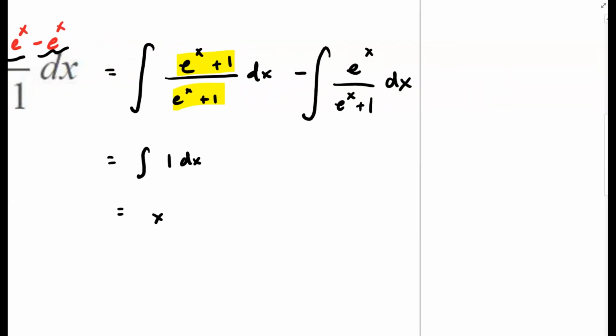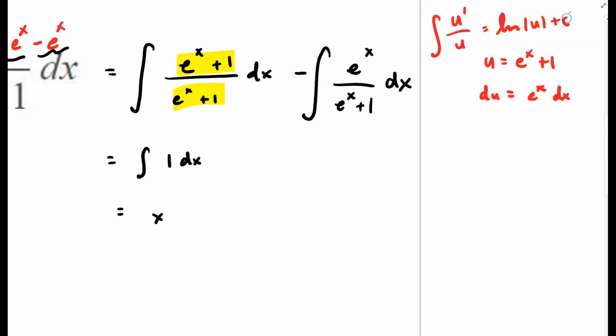And look what happened. I was telling you, hey, if you're going to do any substitution with e to the x, if I'm going to let u be e to the x plus 1, I have to have the derivative of this, which is e to the x times dx. Okay, so I have it. So this format is u prime or du over u form, which is just natural log of u plus c.